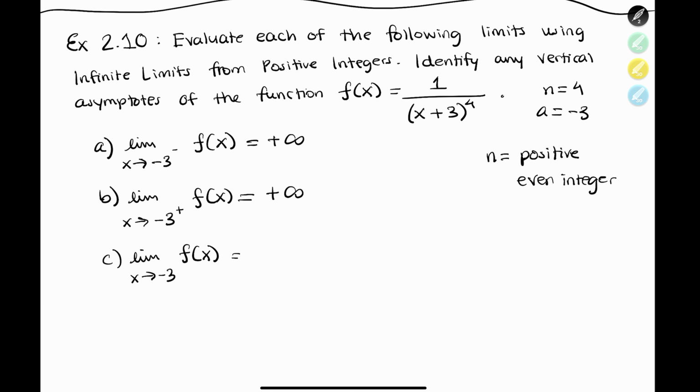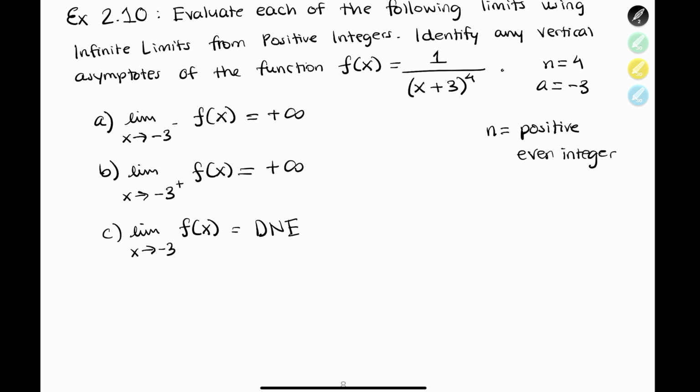Obviously infinity isn't a real number, so the limit as x approaches negative 3 of f of x does not exist. And lastly, identifying any vertical asymptotes, we see that x is equal to negative 3 is a vertical asymptote. Vertical asymptote, abbreviated as VA, is our vertical asymptote for this function.